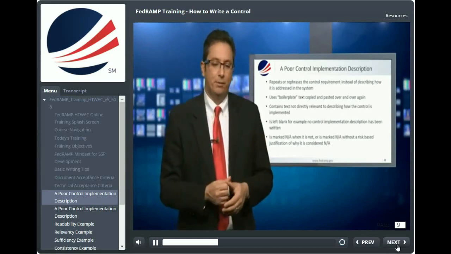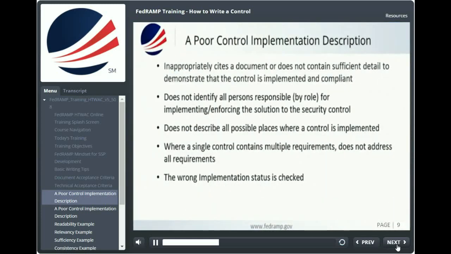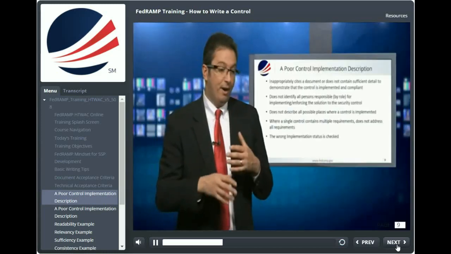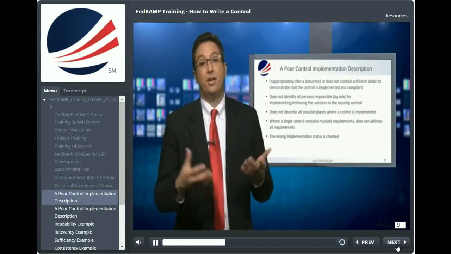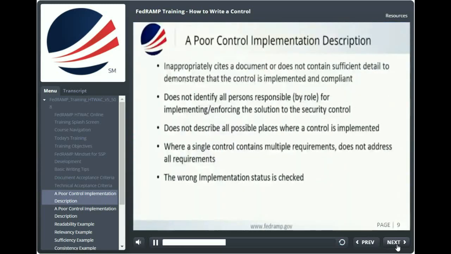Poor control implementations also don't describe all of the possible places where a control can be implemented. So if you have 2 data centers, we want to know about both data centers, of course, if it's applicable. So make sure that you describe all possible places where a control is implemented.